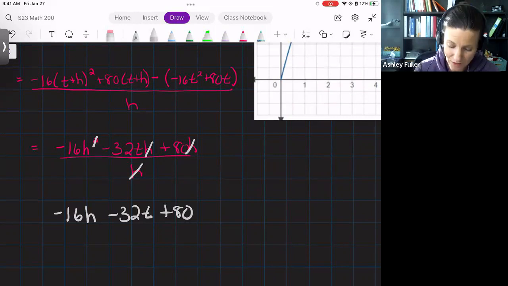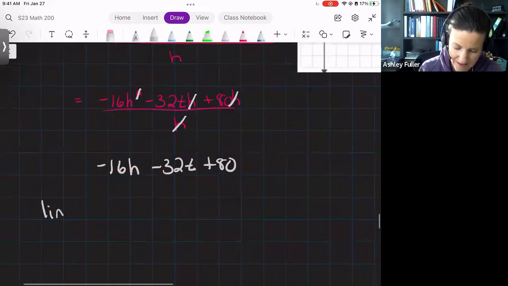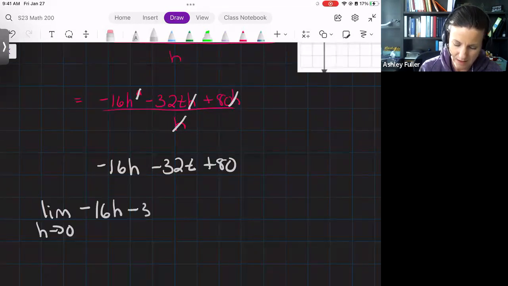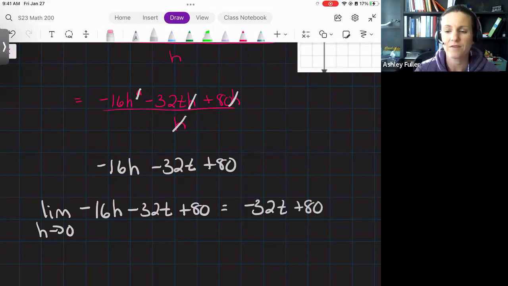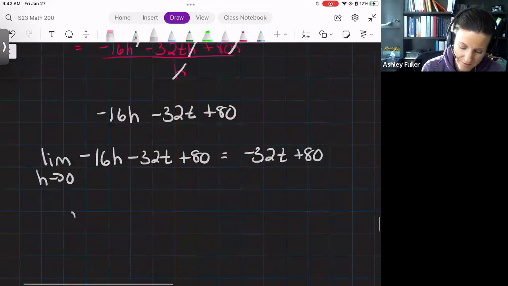So now to find the instantaneous velocity, we simply take the limit as that h value gets closer and closer to 0. And because we're now dealing with a polynomial, we can plug in 0, which leaves us with an instantaneous velocity of negative 32t plus 80. We call this the first derivative of the function.